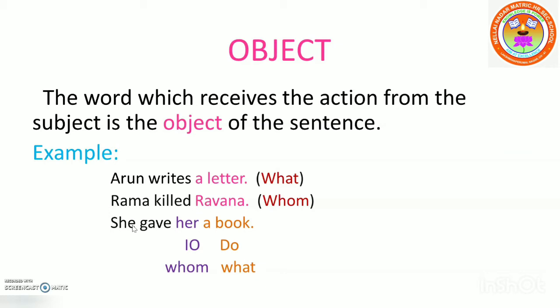And look at the third example. A sentence can have both the objects, which means two objects at the same time. For example, she gave her a book. Here, look at the word her. It answers the question, whom? Whom did she give?